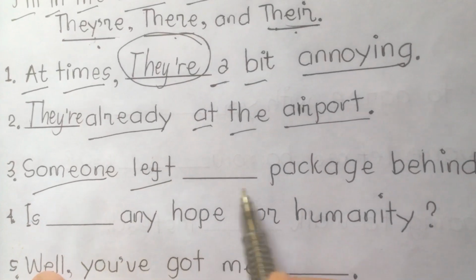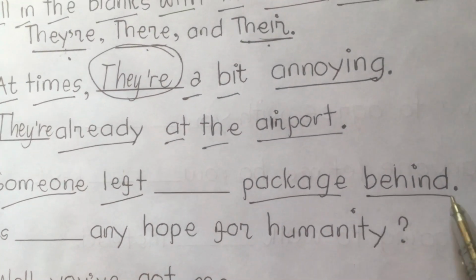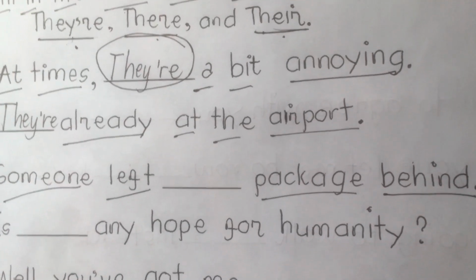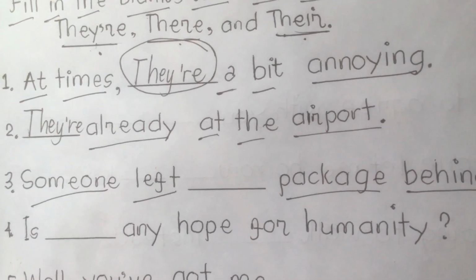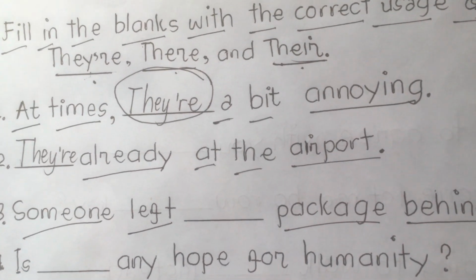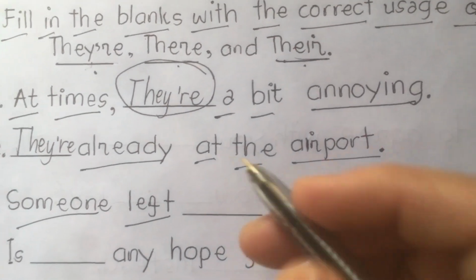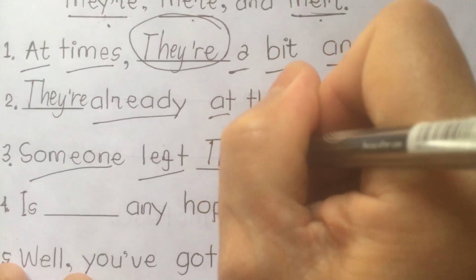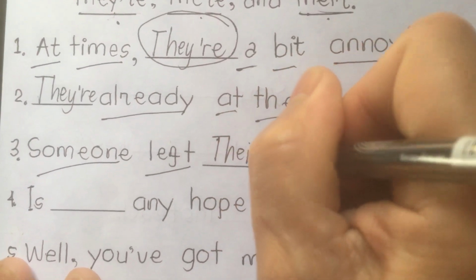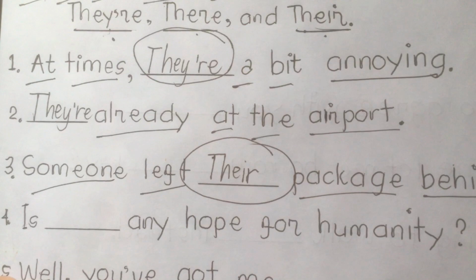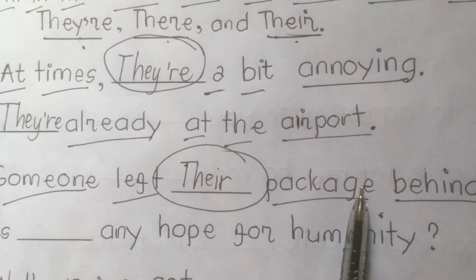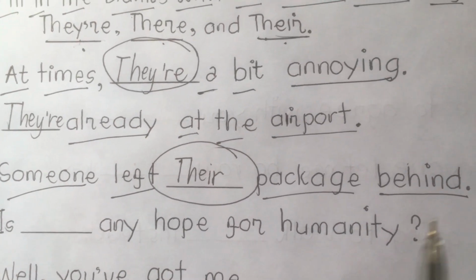Number 3. Someone left blank package behind, so you have to check whether it's safe or not. Do you have an answer now? The answer for number 3 is their, a possessive pronoun, showing the ownership of this particular package.